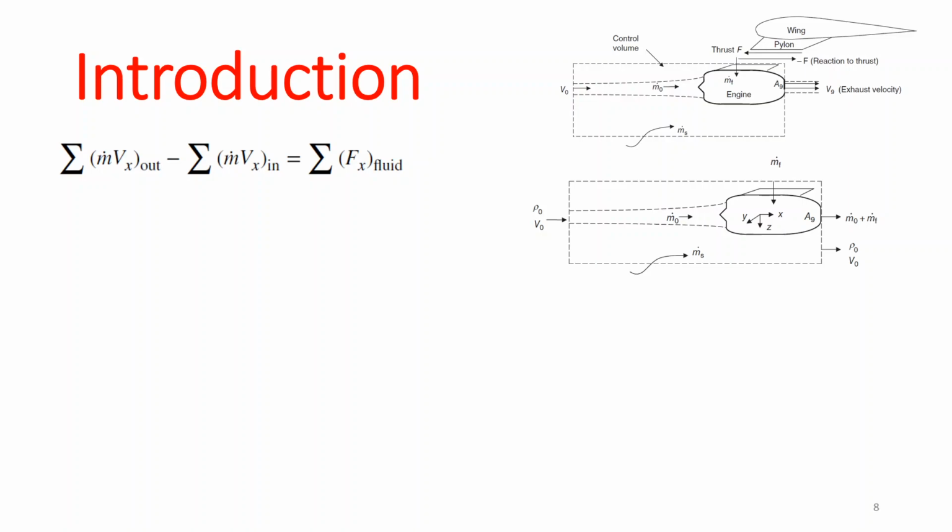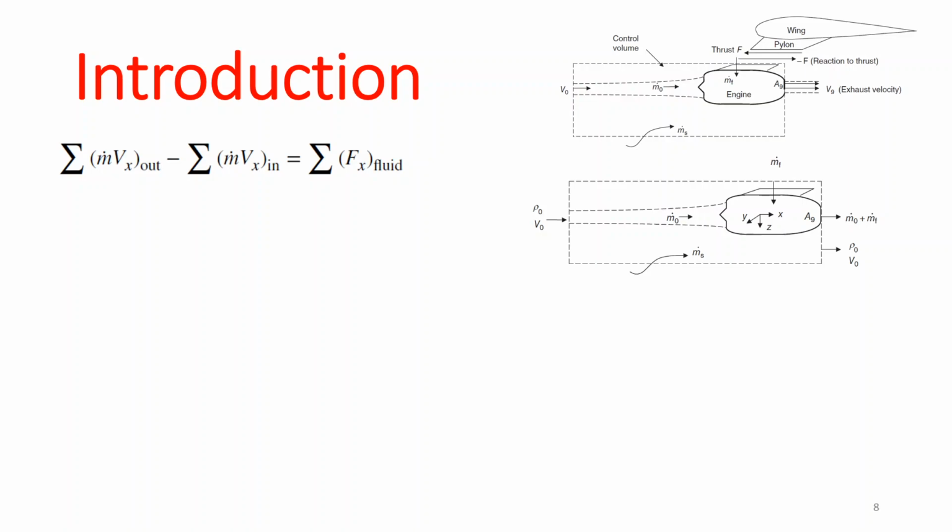So what are the momentums out? What is the outlet of this control volume in the x direction? M dot out times velocity.